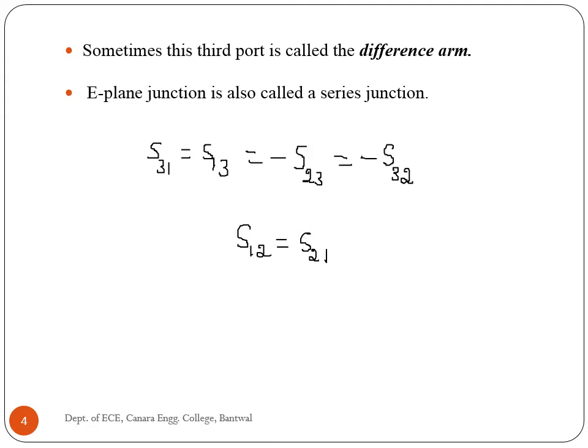The third port is called the difference arm. All diagonal elements of the S matrix of an E-plane T junction cannot be zeros simultaneously, since the T junction cannot be matched to all the three arms simultaneously.